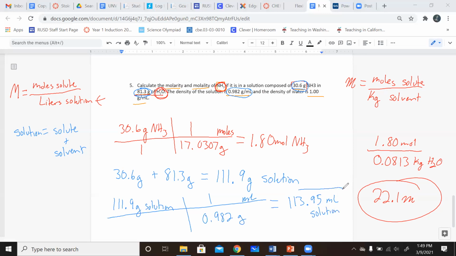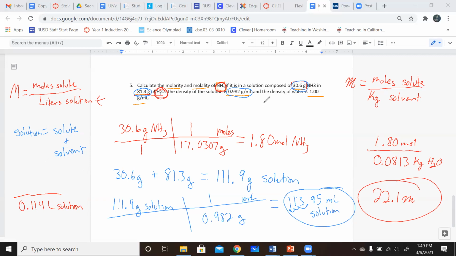But we don't need it in milliliters, we need it in liters. So we have to take that decimal place and move it over 3 times. So now, over on the left, when I'm trying to solve for molarity, on the bottom, for liters of solution, I'm going to have 0.114 liters of solution.